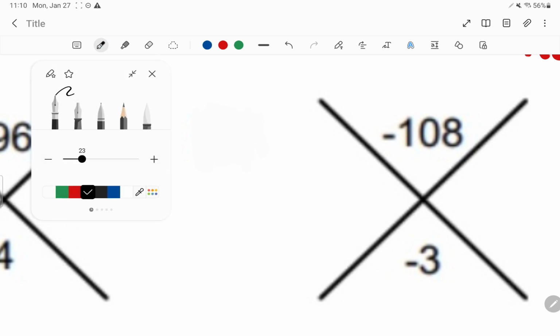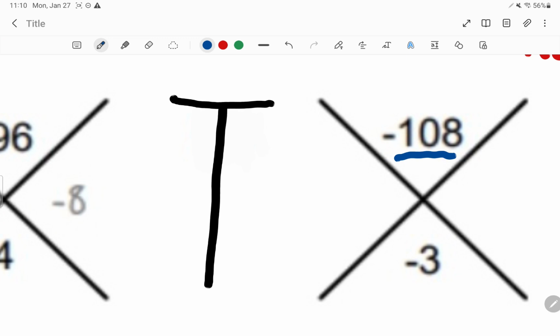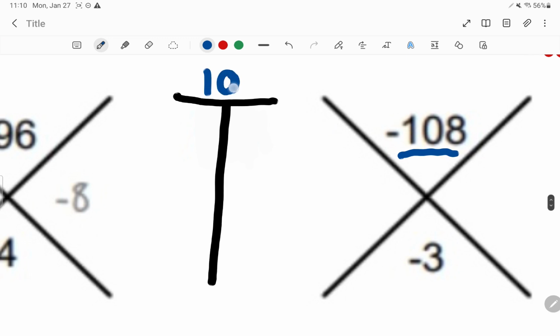First thing, we need to do what we call a t-chart. We're going to have a chart with 2 numbers, 1 number on the right and 1 number on the left. Whenever you do a t-chart, you're always looking at that number. I need to find 2 numbers that, if I multiply, give me 108.